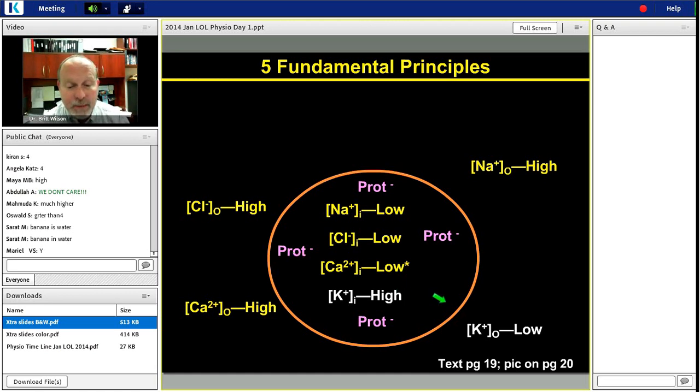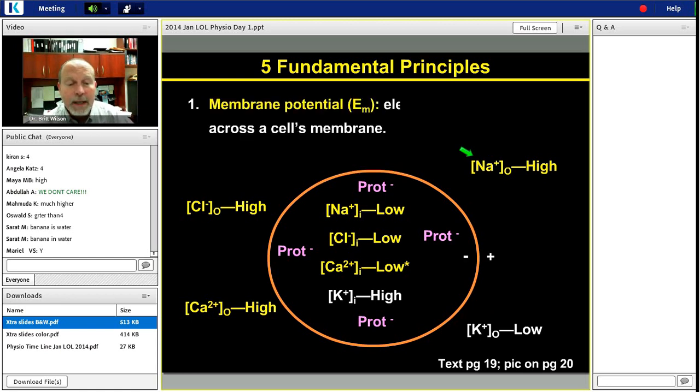Potassium, on the other hand, has a chemical, concentration gradient to leave. This becomes important because one of the factors influencing the diffusion of ions is the concentration gradient. Simple diffusion. All right. What are my 5 fundamental principles?